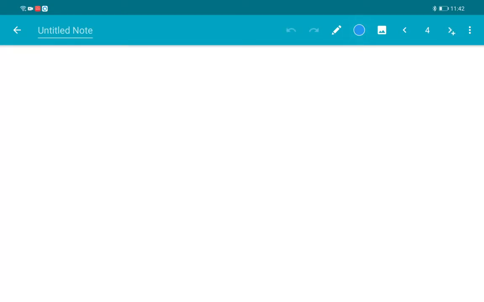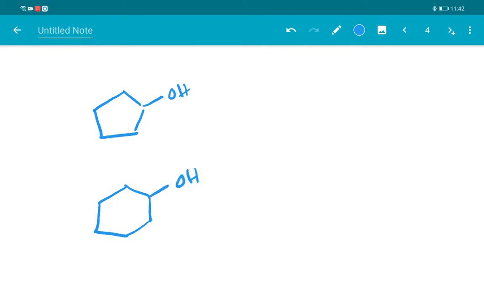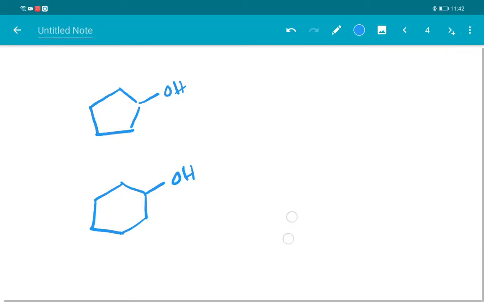For cyclic compound, okay, let's say we use 5 carbon, and also we can use 6 carbon, or 4 carbon, or 3 carbon minimum. So kita letak OH dekat mana-mana carbon pada cyclic compound tersebut. Therefore, automatically the carbon which is attached to the OH will be considered as the first carbon.